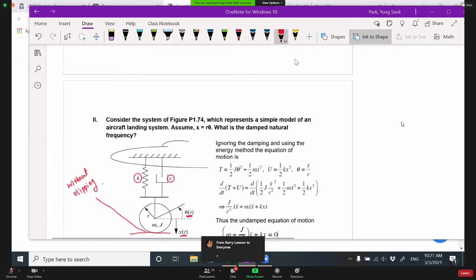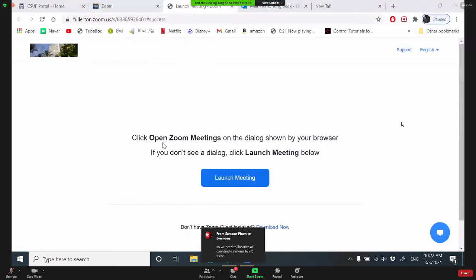X. Okay, so look at this x, K, and the C, right? The K and C are always working for what? Translation. Right? That's why our equation of motion has to be a function of x.